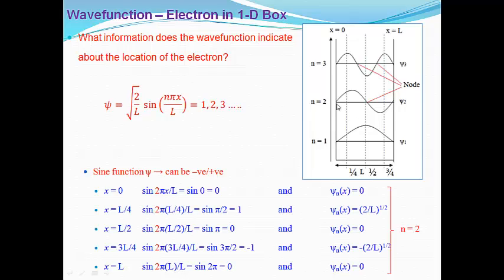For a particular value of n, if you go back to our Bohr model, if we have n equal to 2, we are looking at an orbit that is at a particular distance from the nucleus. But in this case, based on the sine function, if n is equal to 2, because the electron is moving like a wave, the position changes effectively.